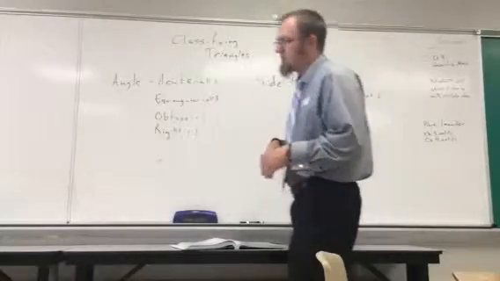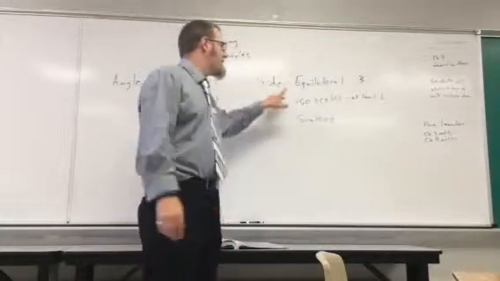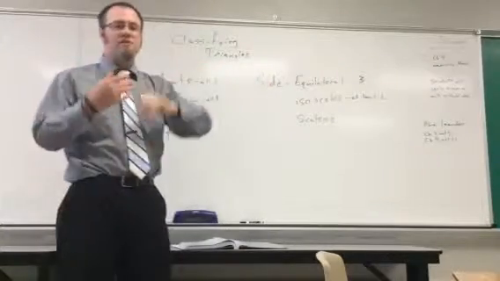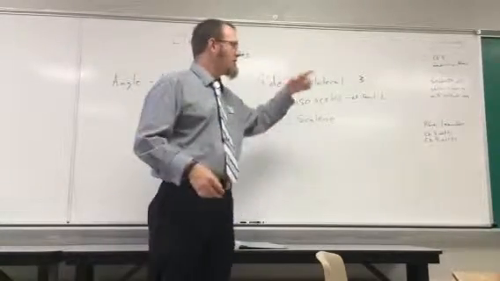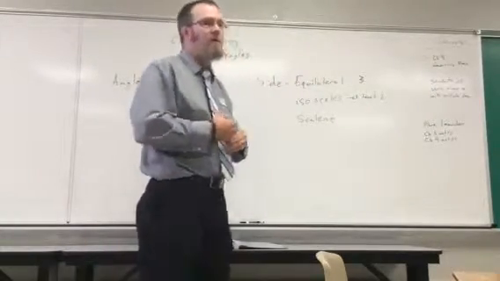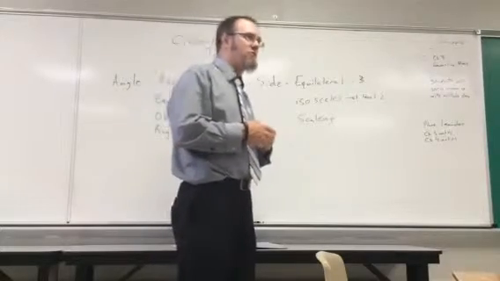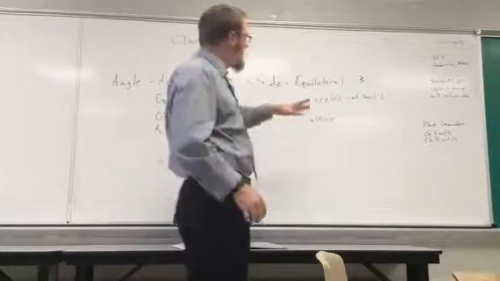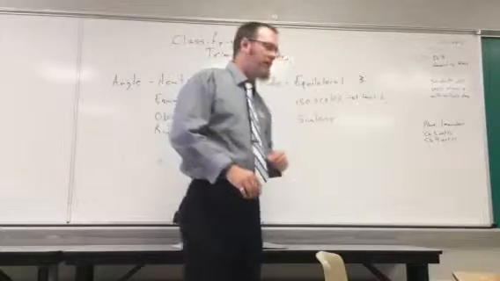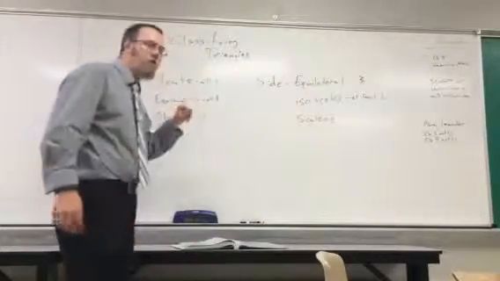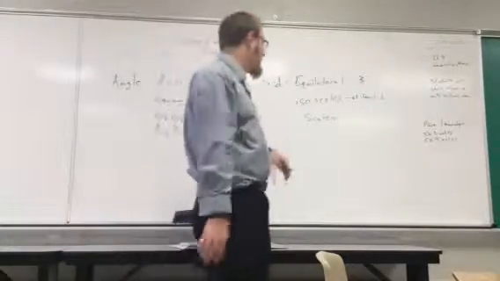Then the other way that you can classify triangles is by side. If all three of the sides are the same, it is an equilateral triangle. Now, again, being as specific as possible is good, because if you know that it is an equilateral triangle, it is also equiangular, just the way the triangles work.